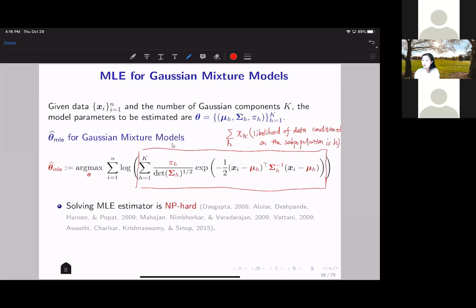Those are the mixing weights, the probability that a data point will be in subpopulation h, or in expectation the fraction of data examples in subpopulation h. Exactly correct. These are the conditional probabilities. Now, if you sum over the conditional probability multiplied with the marginal distribution of what it's conditioned on, then what is it?